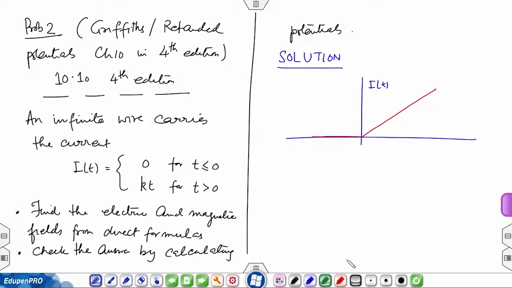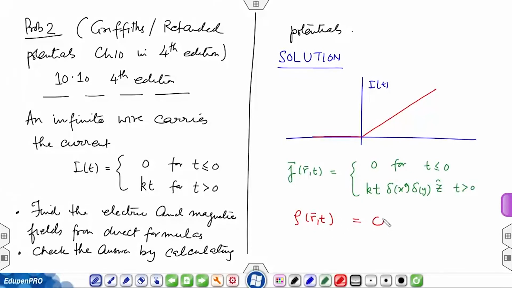Now, let me quickly write that J(r, t) is equal to 0 for t less than or equal to 0 and it is equal to kt delta x delta y in the z direction for t greater than 0, and rho(r, t) is 0 again. So, there has been no contribution from the charge density, the only contribution comes from the current density.